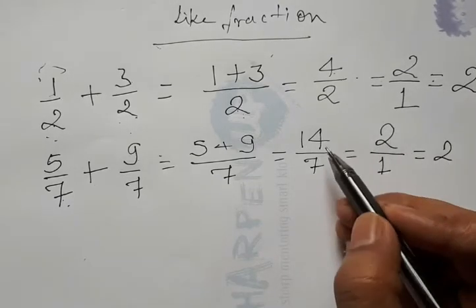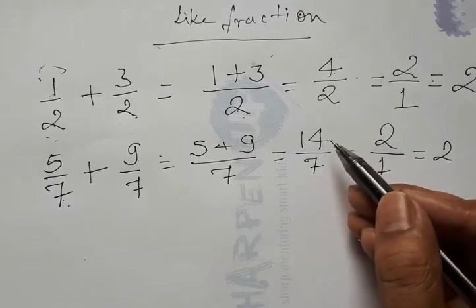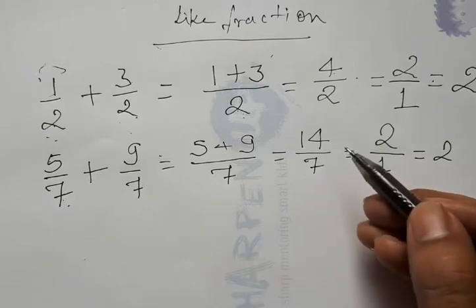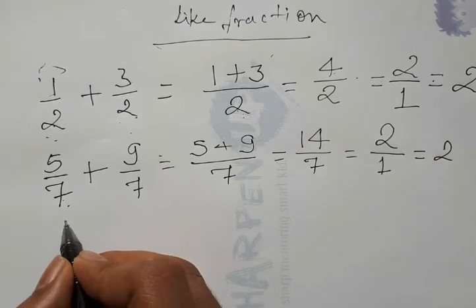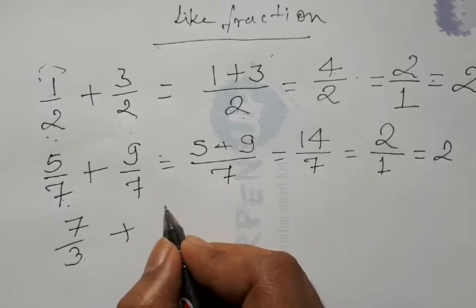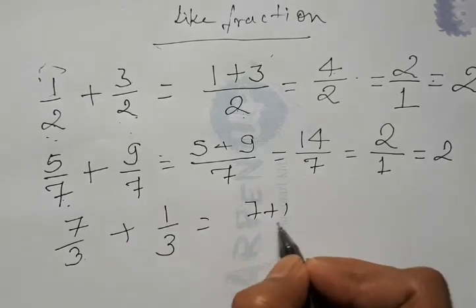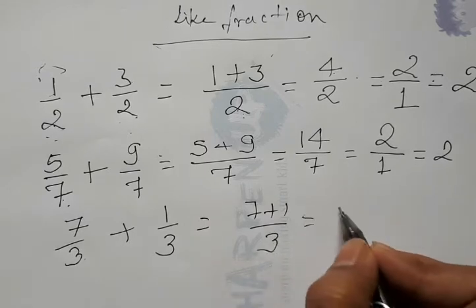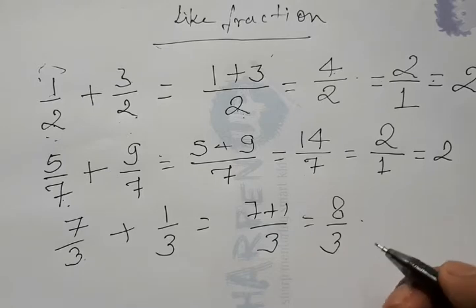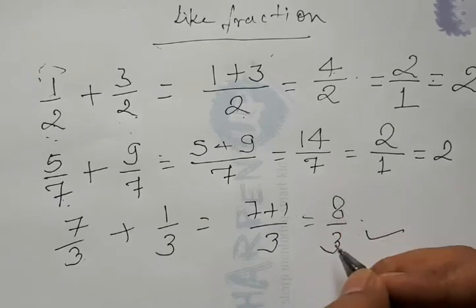Suppose the numerator and denominator are not divisible by the same number, then the fraction will remain as it is. For example, 7 upon 3 plus 1 upon 3. 7 plus 1 upon 3 is equal to 8 upon 3. 8 and 3 are not divisible by the same number, so our result will be 8 upon 3.